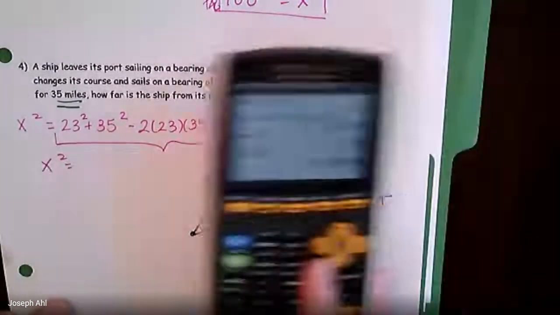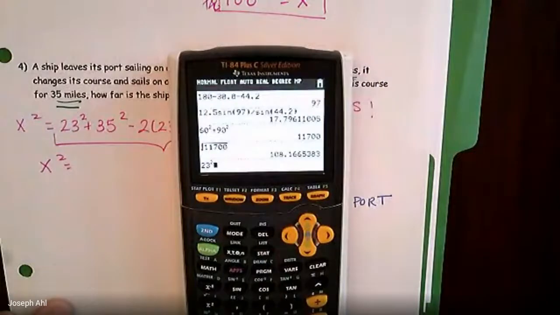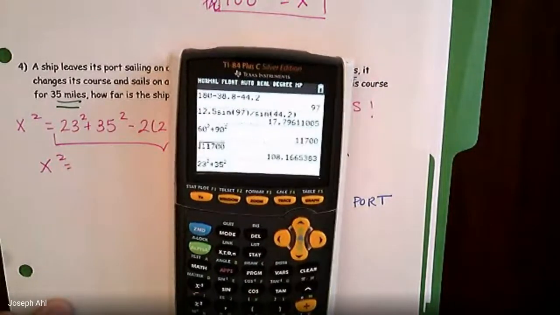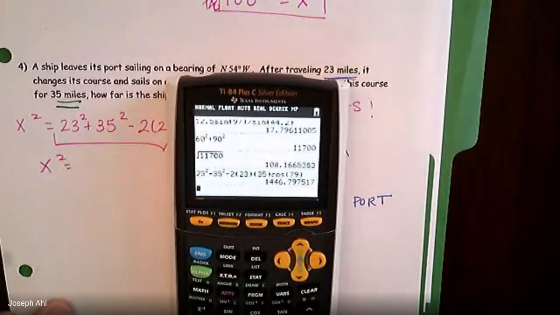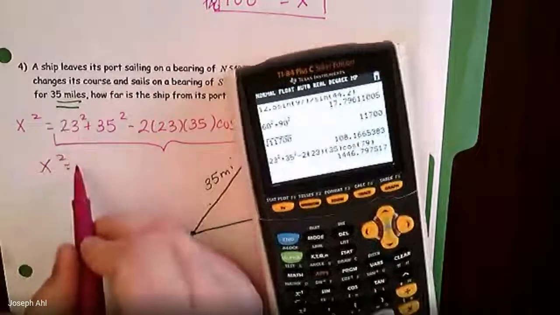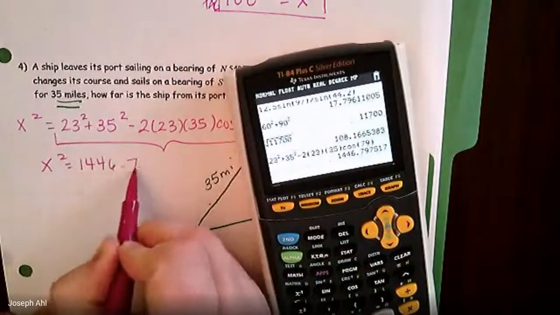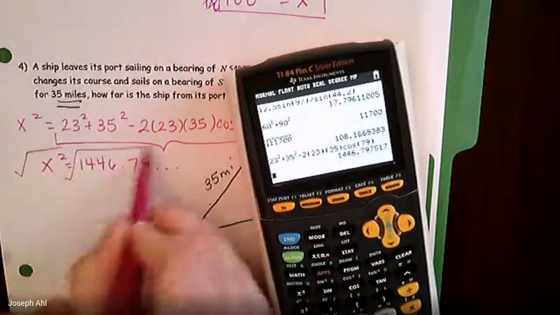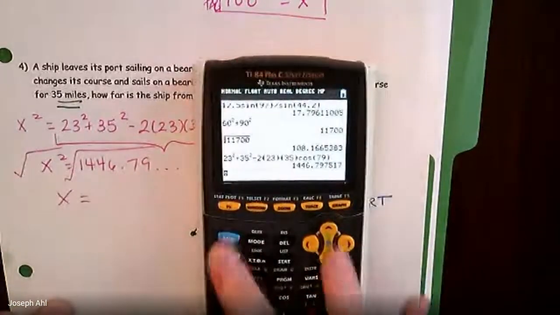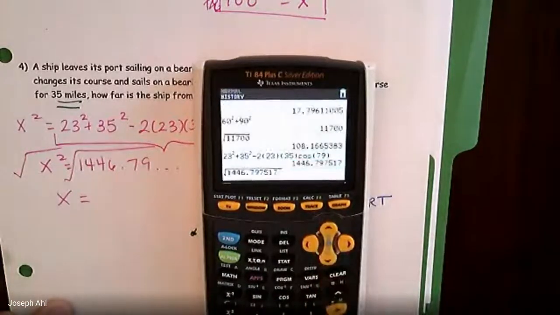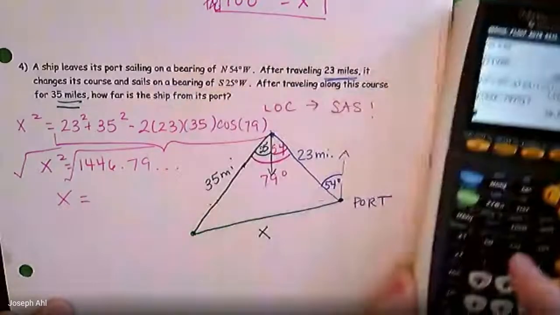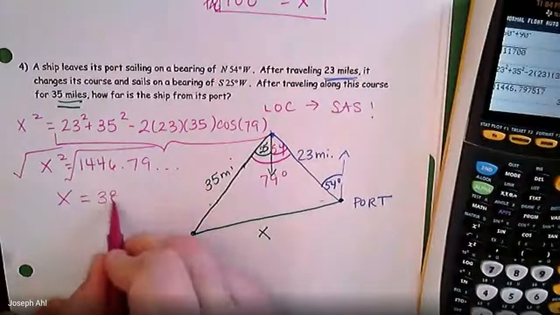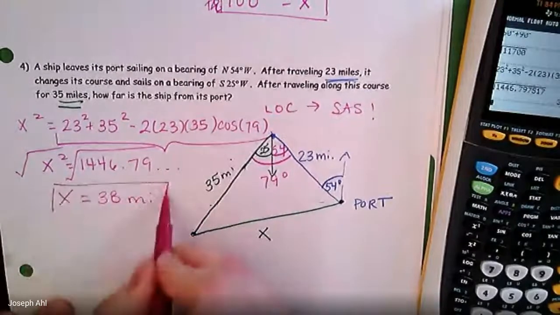X squared equals 23 squared plus 35 squared minus 2 times 23 times 35 cos of 79. That's 1,446.79. Square root. To get that, the distance the ship is from the port is 38-ish miles. Okay, so we'll round to the nearest mile here and say that that's 38.